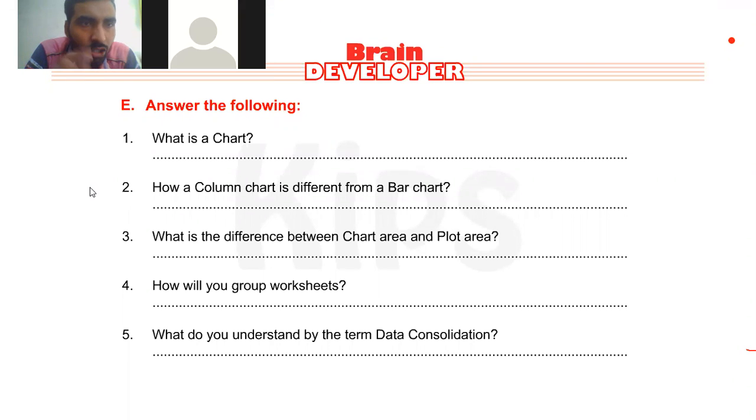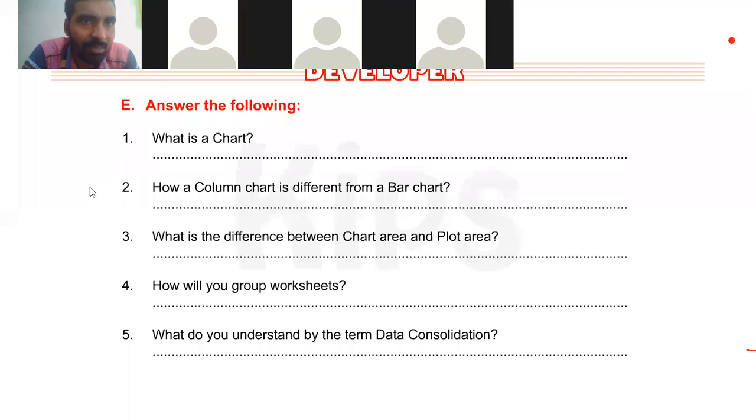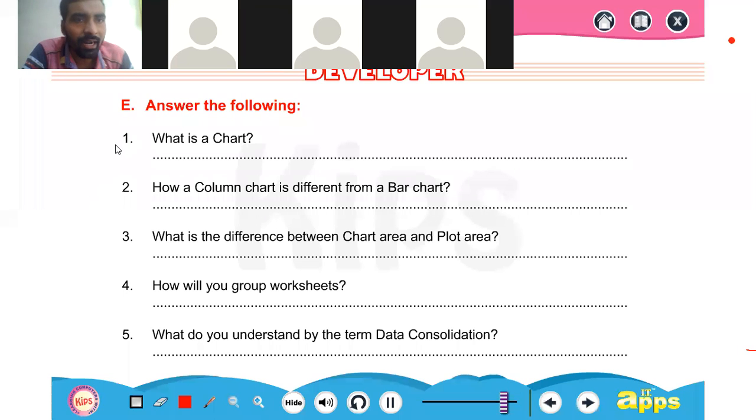I will tell the answers in short, but you have to find the entire proper answer from the book and then write in your copy. Here I am telling in a short way so that you may not face any problem. So kindly listen carefully and then you can understand.